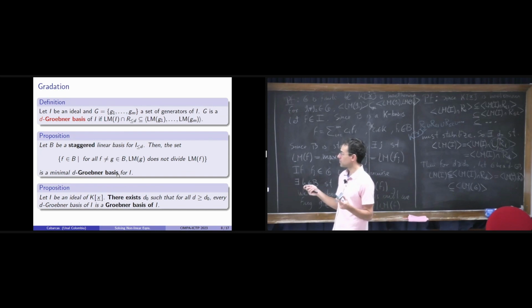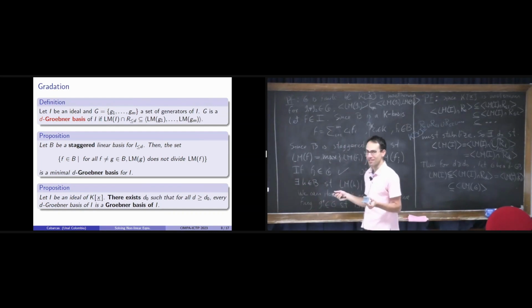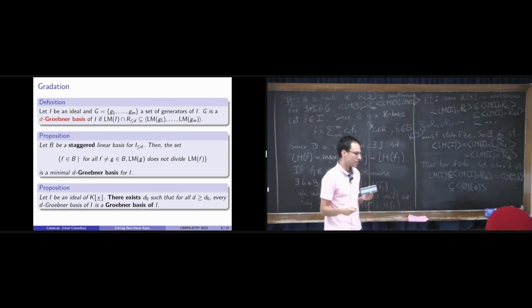If not, go to the next degree, d equal 2. Compute a staggered basis for I less or equal to 2. Then compute a 2 Groebner basis. If that 2 Groebner basis happens to be a Groebner basis, you're done. If not, keep going up.